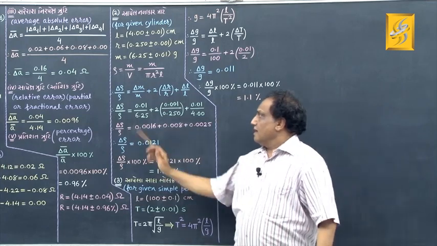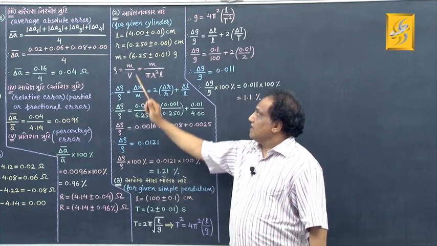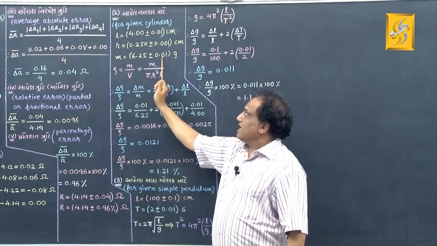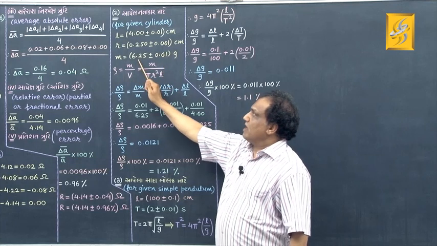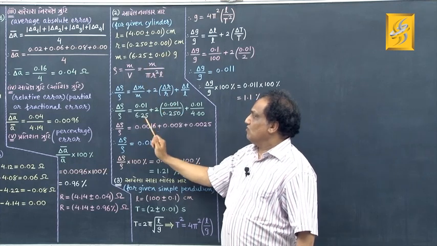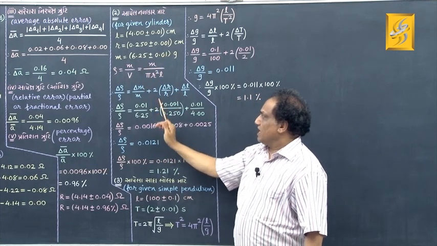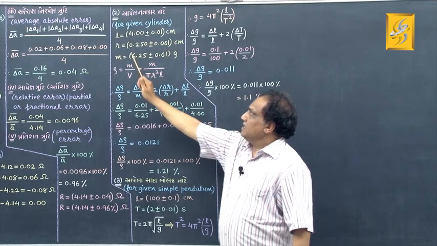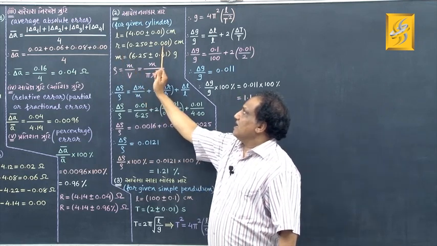Fine. Now, delta m upon m: in the measurement of mass, this is delta m, this is m. So delta m upon m means 0.01 upon 6.25, plus 2 times delta r upon r. In the measurement of radius, this is delta r, this is r.